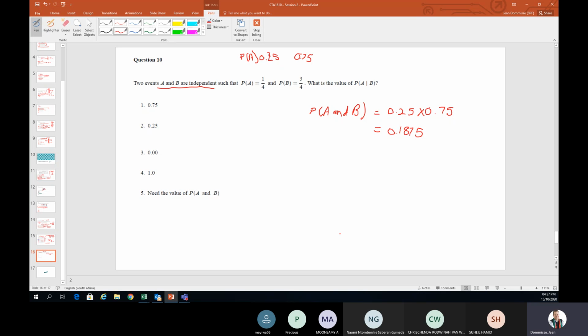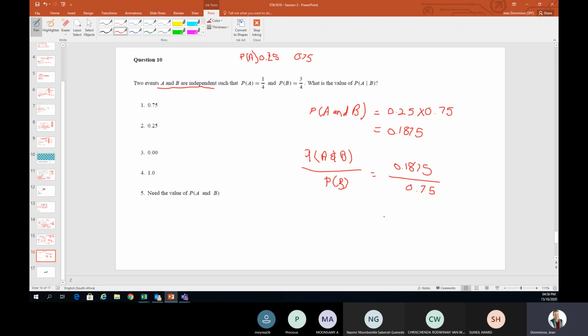Okay, then the rule that I normally follow: what is the value of the probability of A given B? So it is the probability of A and B divided by the probability of B. So that is 0.1875 divided by the probability of B, which is 0.75.